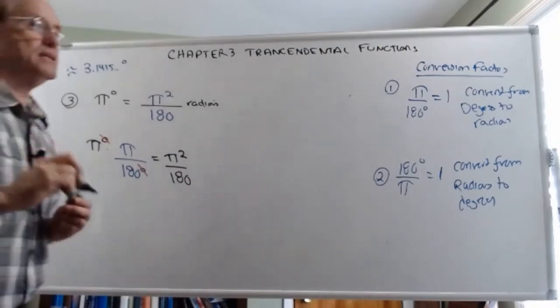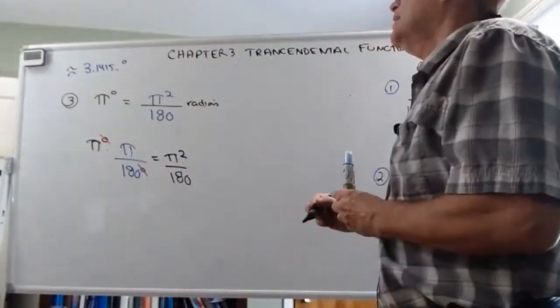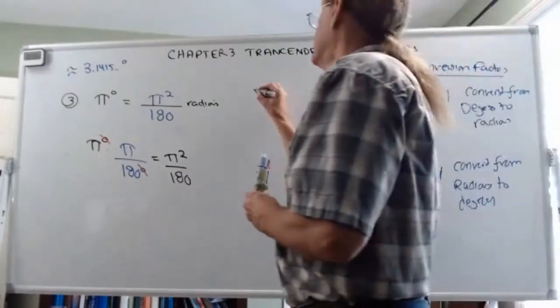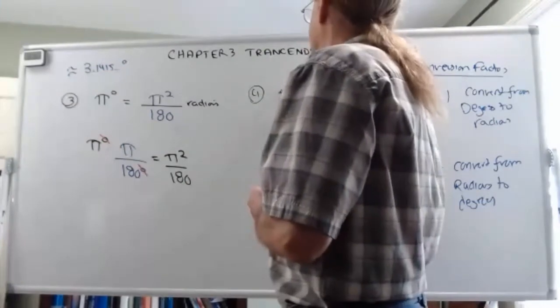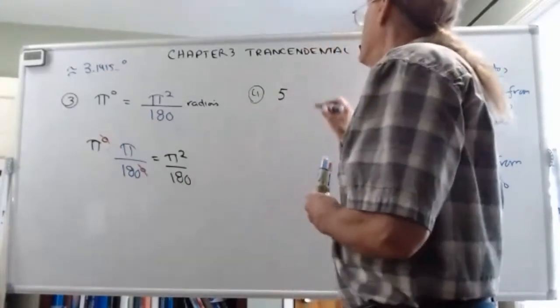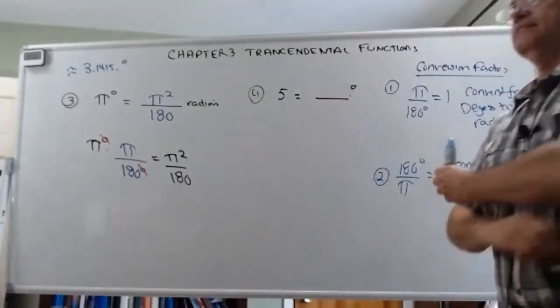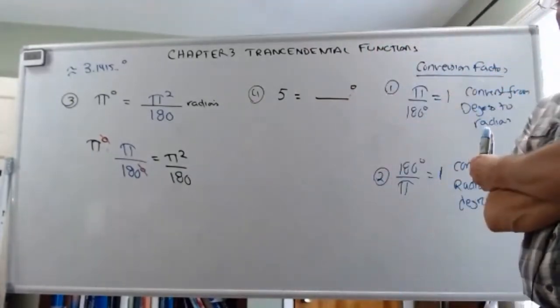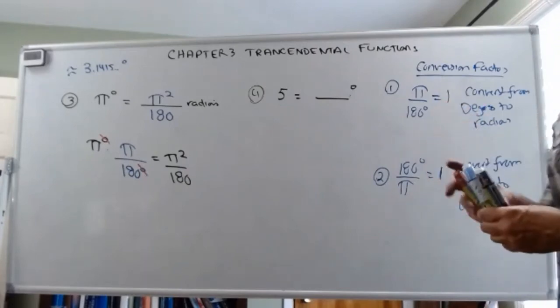So you have to be a little bit careful. Definitely have to be careful. What if I gave you something like this? I have 5 radians, and I want you to tell me how many degrees that is. Notice there's no pi in that, so I can't use that. So how many degrees is 5 radians?